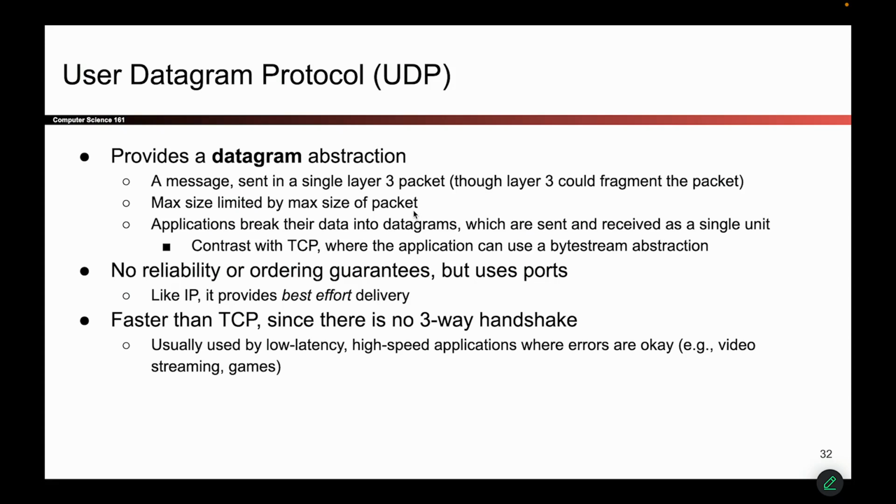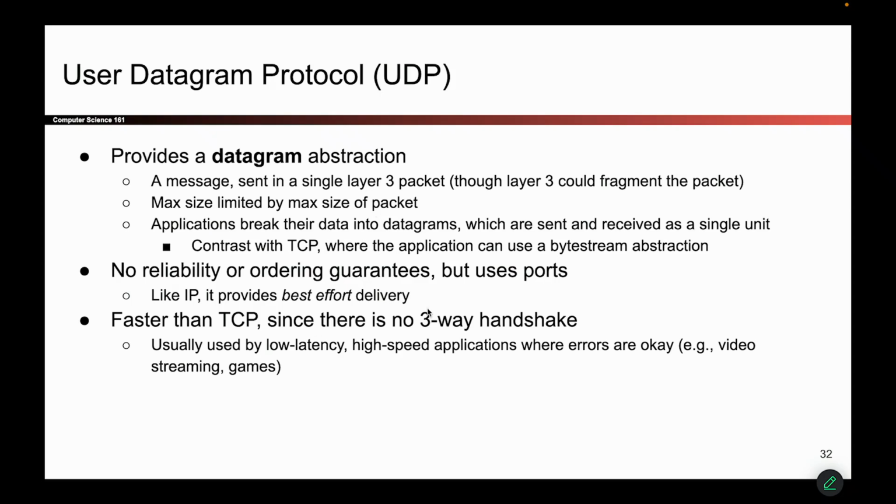It doesn't let you send long data and split the data up into packets for you. So it gives you ports and really nothing much else. If you use UDP, you are still thinking in terms of datagrams or packets. And it's your job as the programmer to split data up into packets and reassemble them if needed. And that's what UDP looks like. So it's like TCP minus everything except ports.